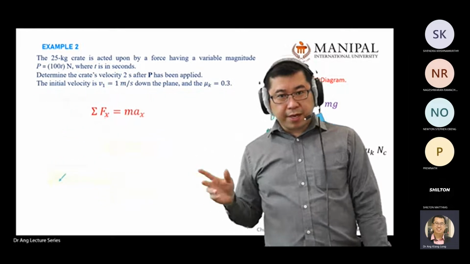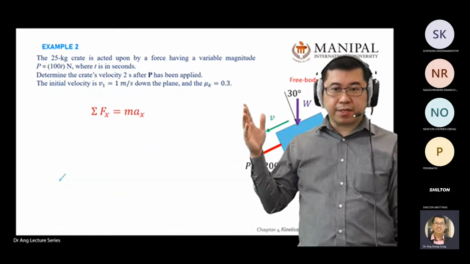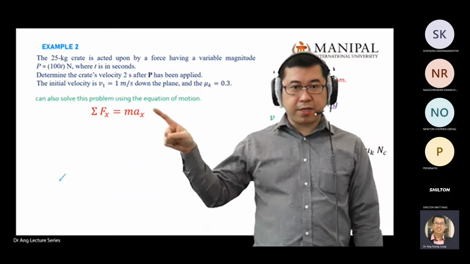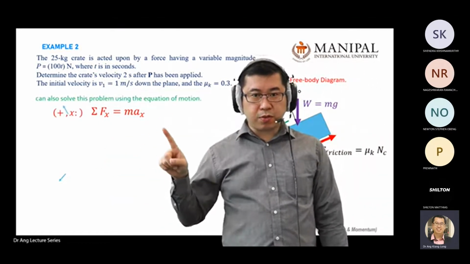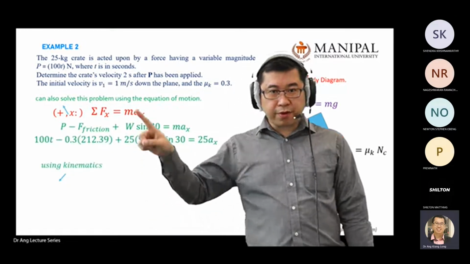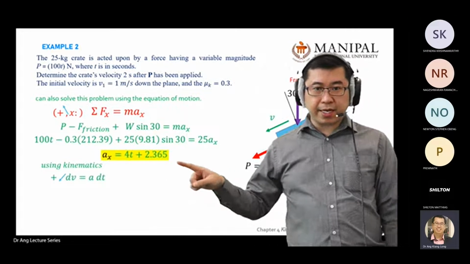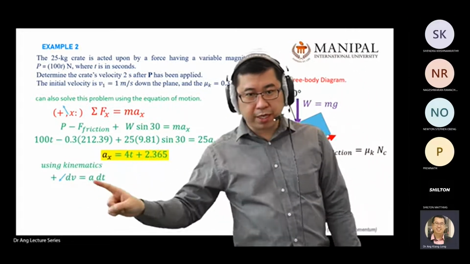Okay, another method I'm showing you here is what you learned in chapter 2 or 3, right? Where you use equation of motion. All the force equal to ma, F equal to ma. Then you solve using F equal to ma, and then you use what you learned in chapter 2, kinematic equation.